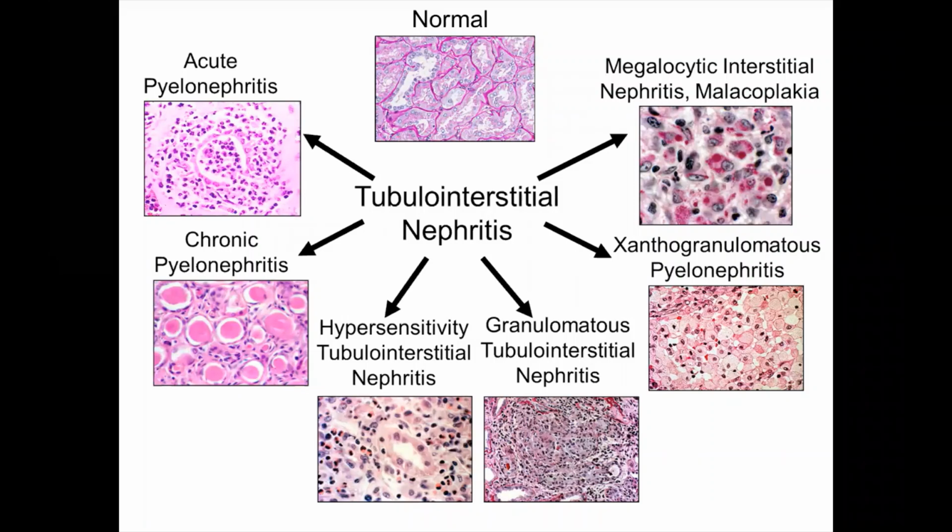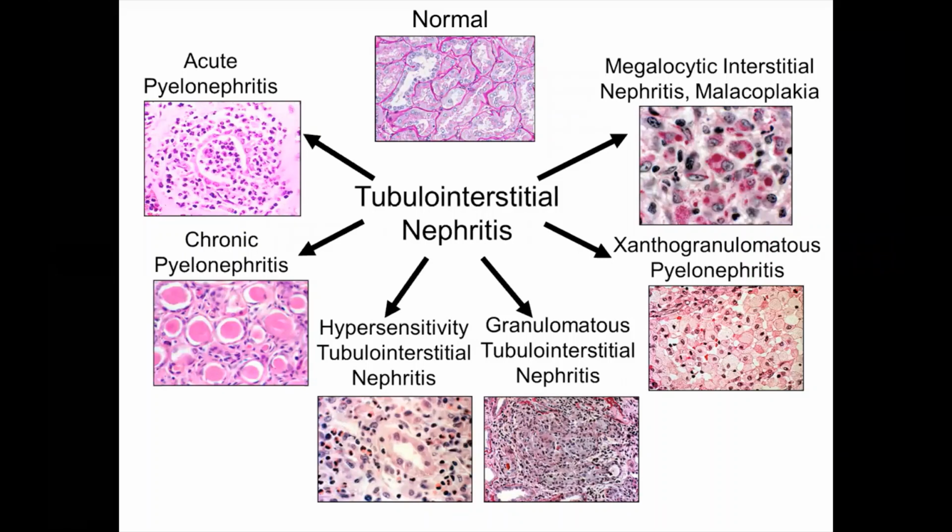If they do a biopsy, they see that the glomeruli are fine, there is nothing in them, the blood vessels are fine, and the IF is absolutely normal, there is nothing to worry about there. But what we have is a collection of lymphoplasmacytic inflammation plus or minus some eosinophils.